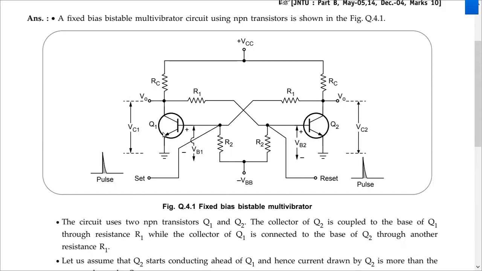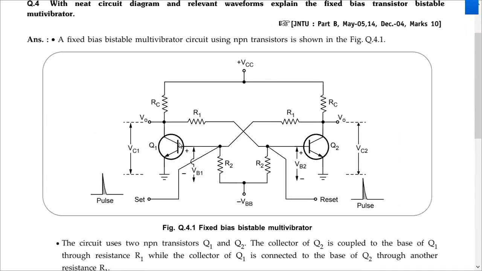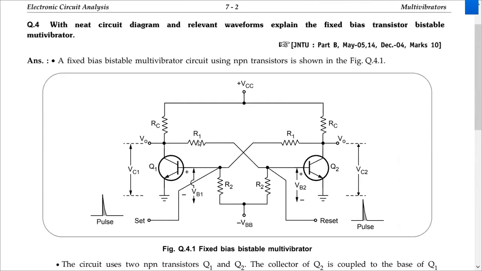Next case, if the transistor is off, the voltage from collector to emitter will be high. So these are the points we have to remember for any analysis of the multivibrator circuits.